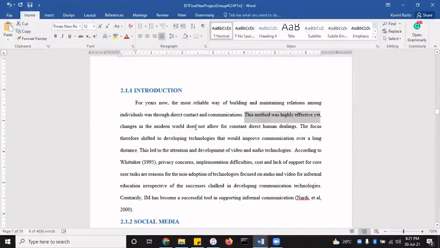Changes in the modern world does not, this is English, huh? Changes in the modern world does not allow for constant direct human dealings. The focus therefore shifted to building technologies that would improve. This needs to be sorted out. This grammar, or this sentence, needs to be sorted out, because I can't figure exactly what is going on.